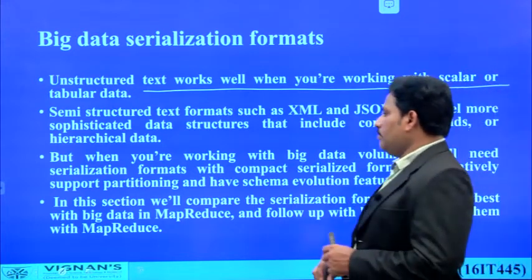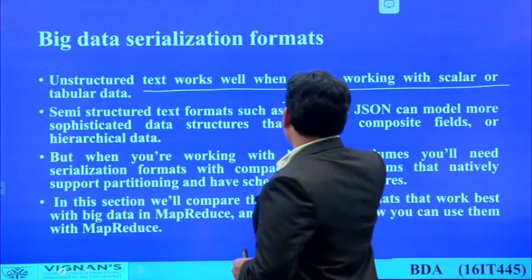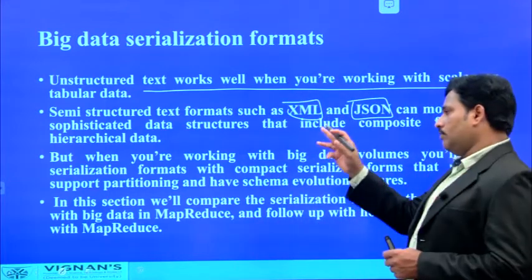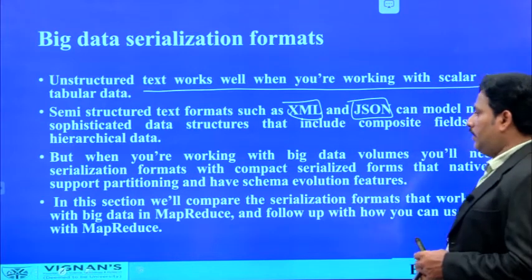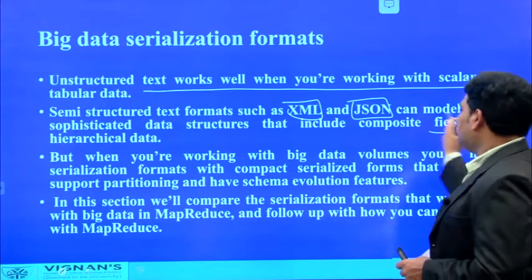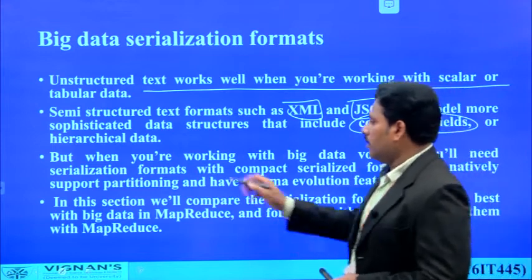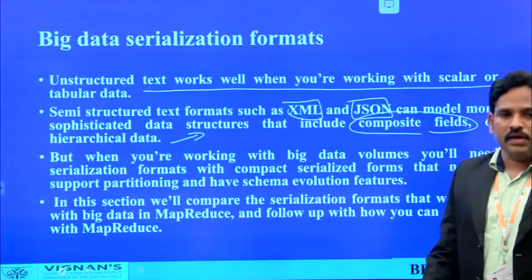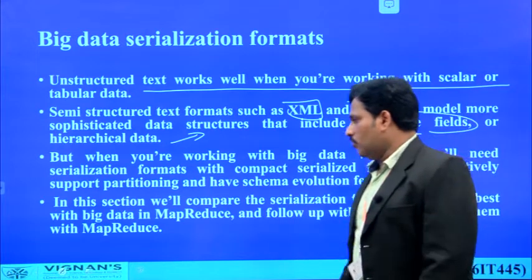And when it comes to semi-structured data, XML and JSON can be used to apply data serialization. That indicates composite fields of data. We can acquire the properties of the parent class by imposing hierarchical activities on the data.